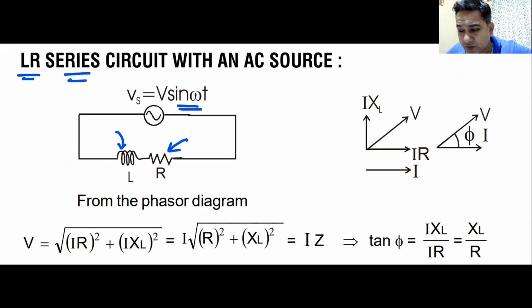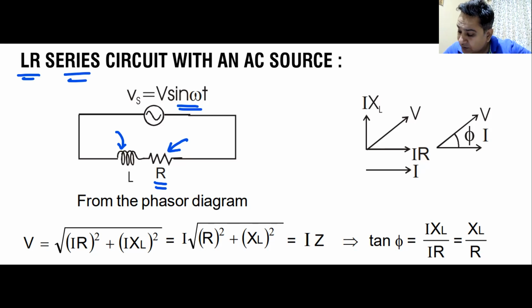V is equal to V naught sin omega t. Now remember, if it is pure R, they are in the same phase. If it is pure L, voltage is leading current by 90. But when I combine these two, in one case it is 0, in the other case it is leading by 90.